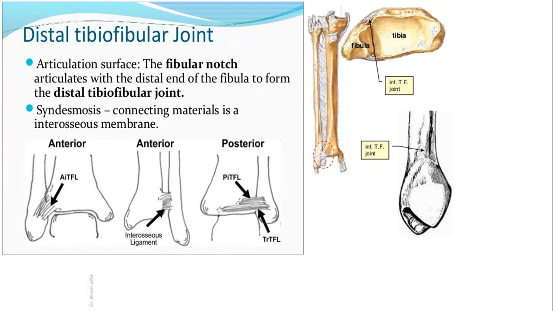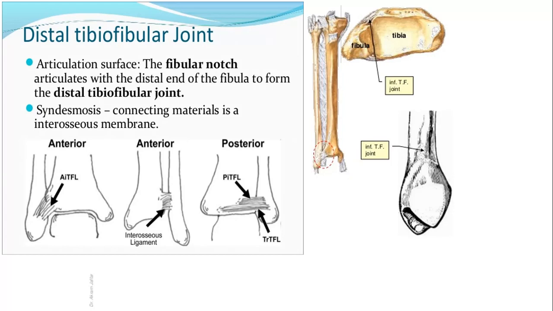So coming back to the distal tibio-fibular joint, we have almost fulfilled our question here: this joint is between the fibular notch over the tibia at the lower end and the distal end of the fibula. And what type? It's a fibrous type.